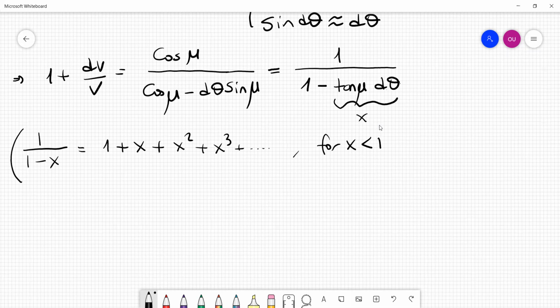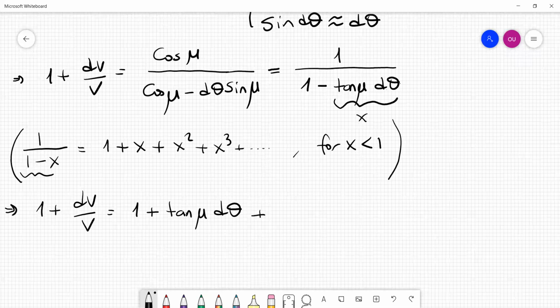So for positive values of this, the infinite series approximation can be done. So using this mathematical identity, we can then write 1 plus dv over v becomes equal to 1 plus x, where x is tangent mu times d theta, and plus, well, higher order terms.